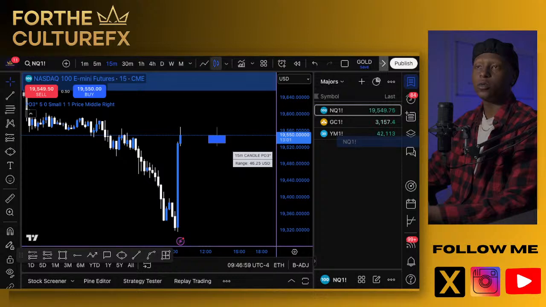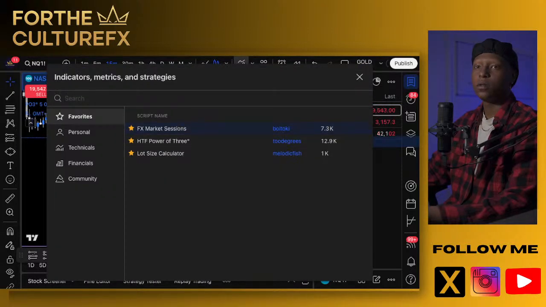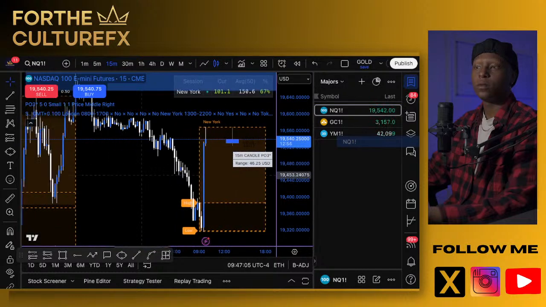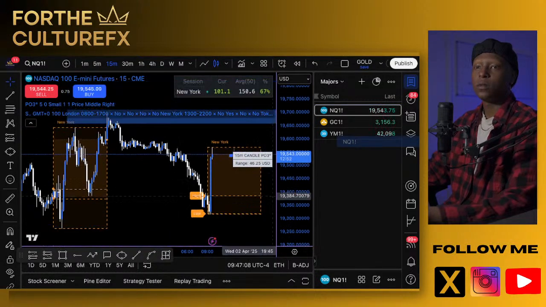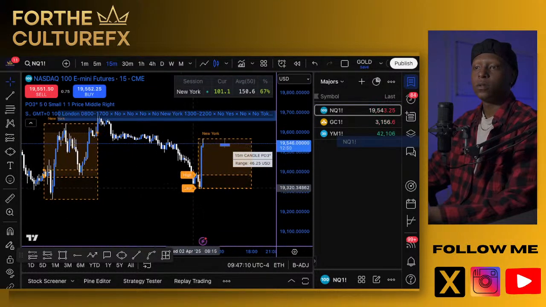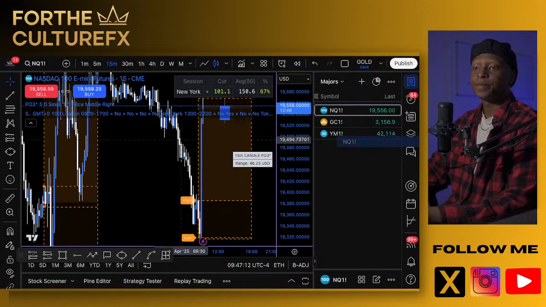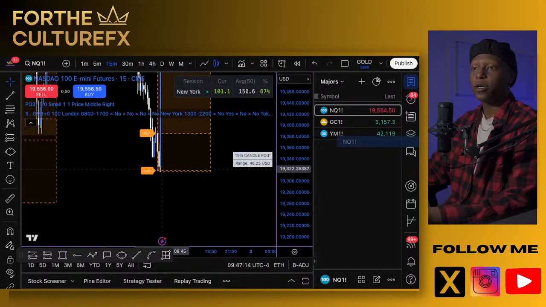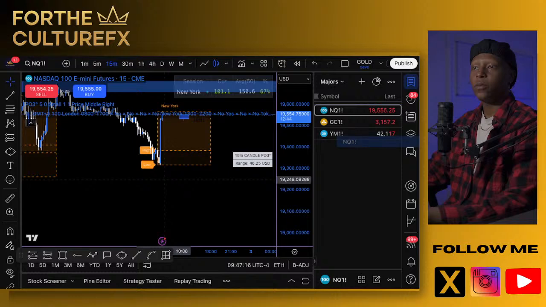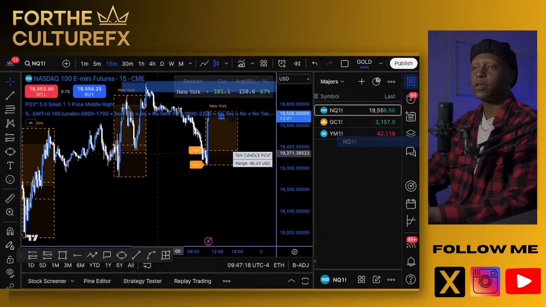So let's pull it up. You can see that there. We had our high created here, our low. We went ahead and we are taking out the highs here.